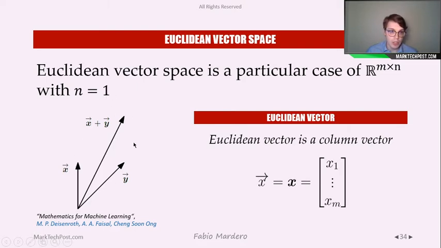So each of these arrows, geometric vectors, can be interpreted as column vectors. Here, for example, we see that a geometric vector can be written as a matrix with m times 1 dimension, so it's said to be a column vector that has m components, x1 to xm.